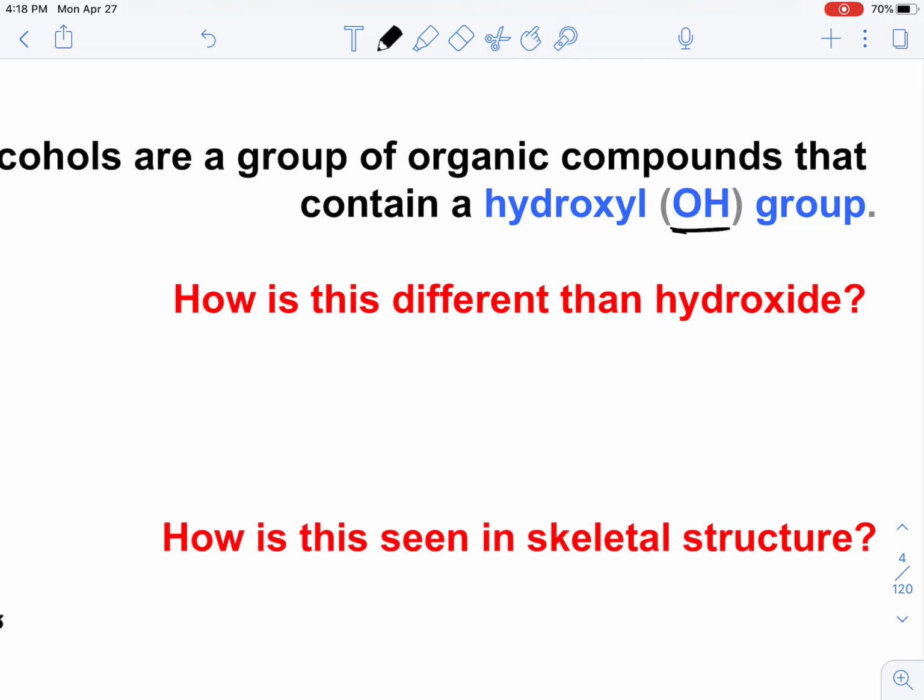Another way you have seen this before is hydroxide, right? Hydroxide is a polyatomic ion in which the OH has a negative charge.